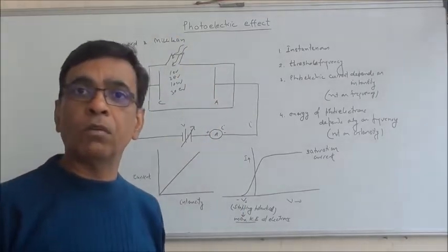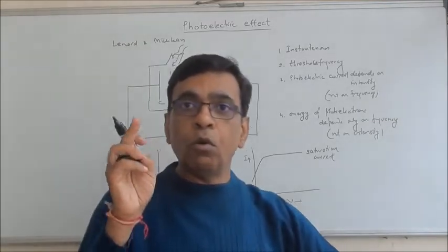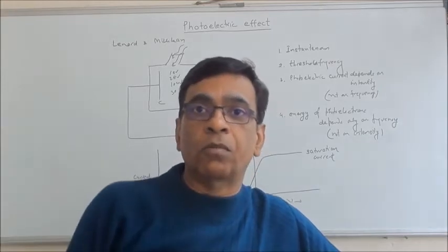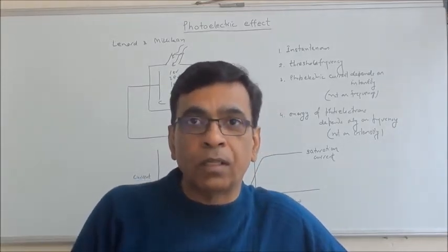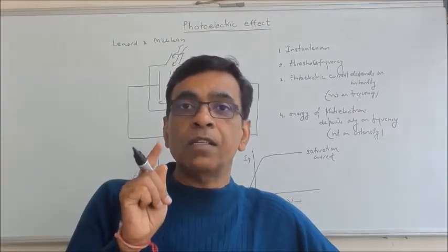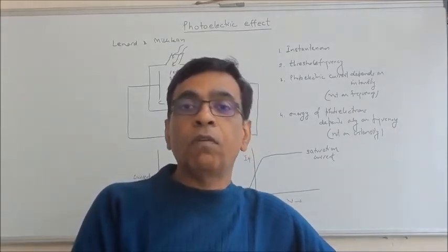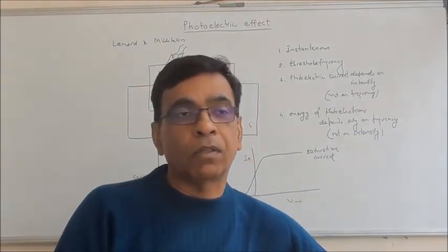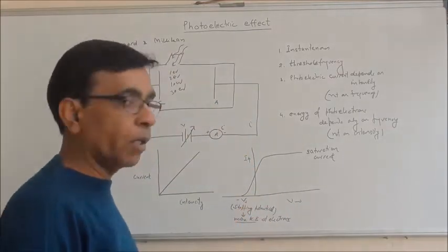The current cannot become zero. The current will be zero only when I stop even the most energetic electron. So stopping potential is that potential which makes current zero, and it is a measure of the maximum kinetic energy of the electron. So this is stopping potential.